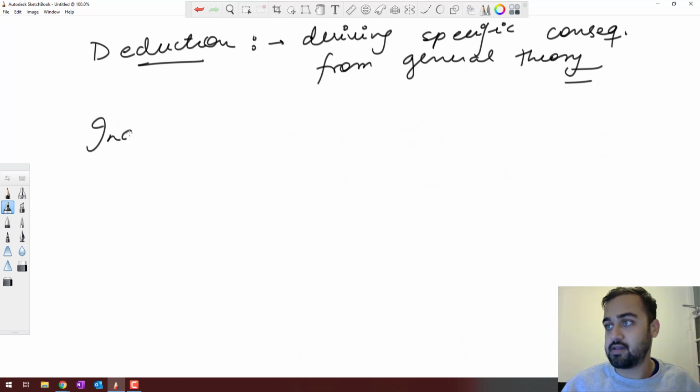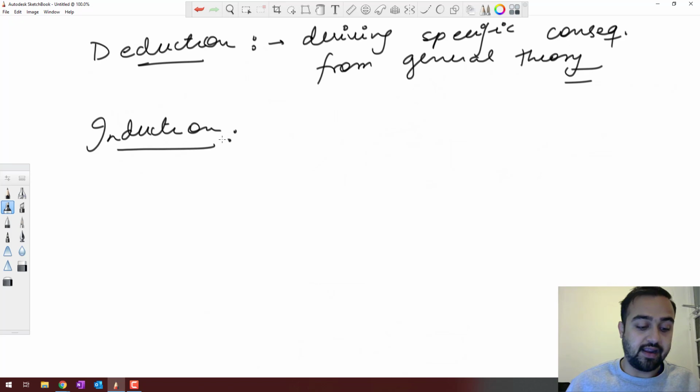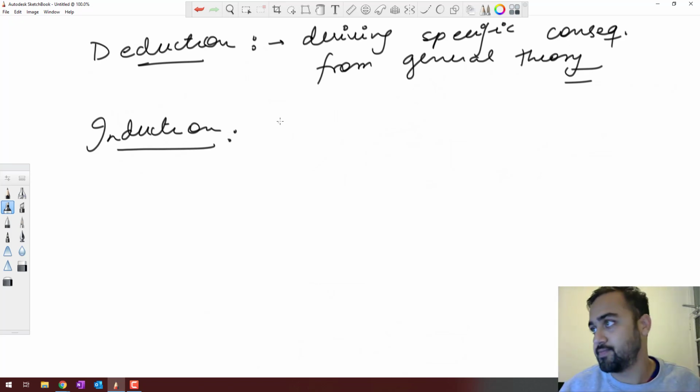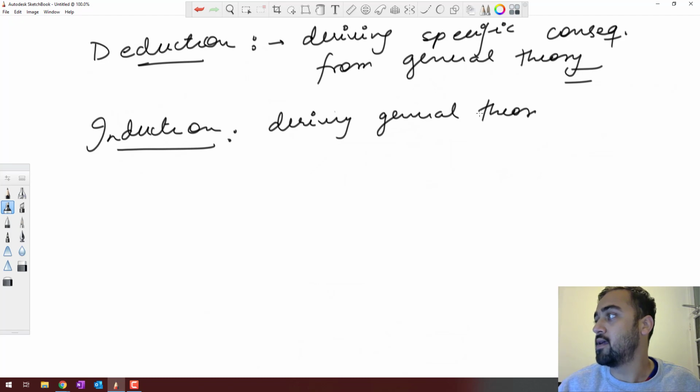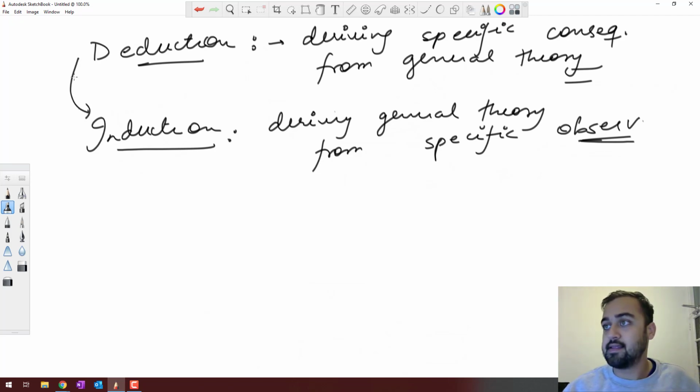Whereas induction means deriving general theory from specific observations, right? So these are two very different terms.